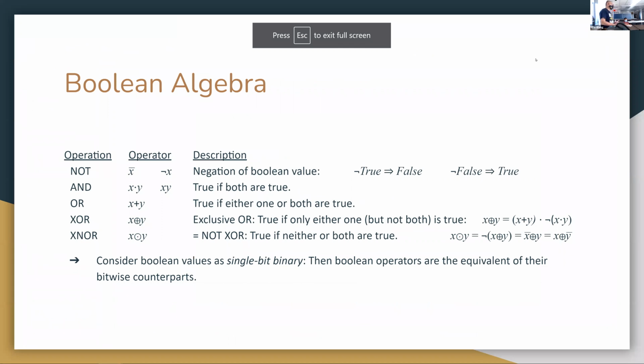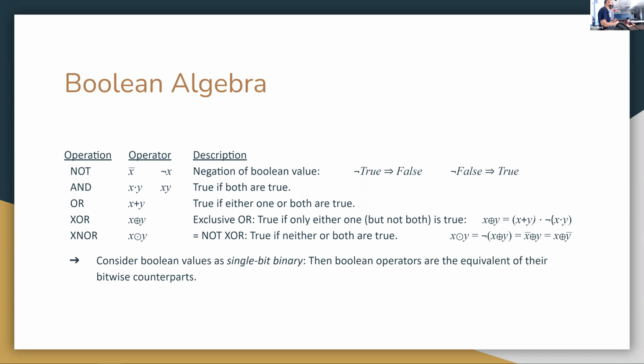So in Boolean algebra, you're also talking about a similar set of operators. NOT is basically the opposite of whatever you have, right? Not true is false, not false is true. AND is true if both operands are true. OR means either one or both.